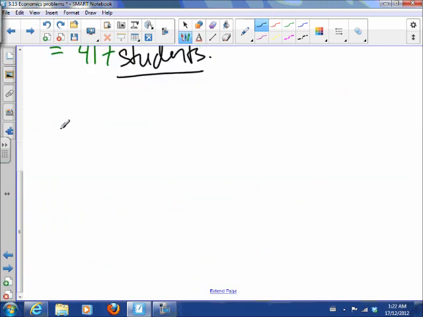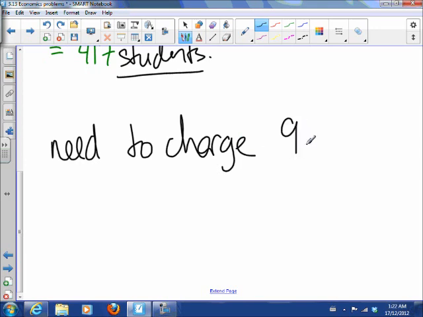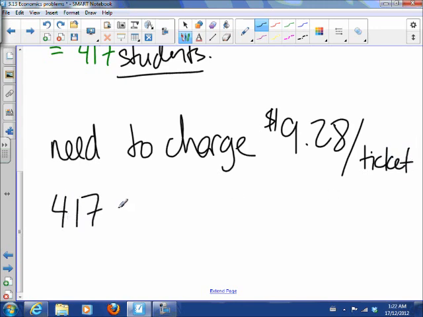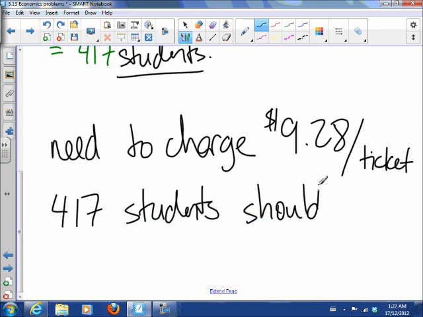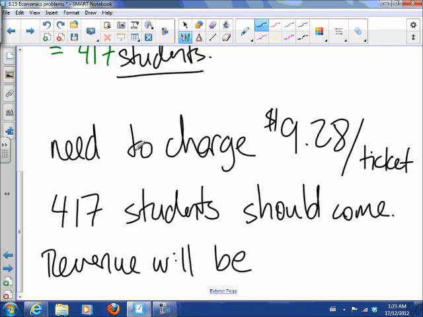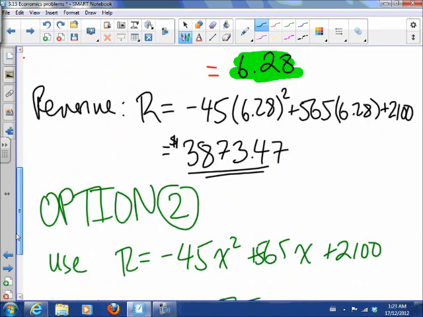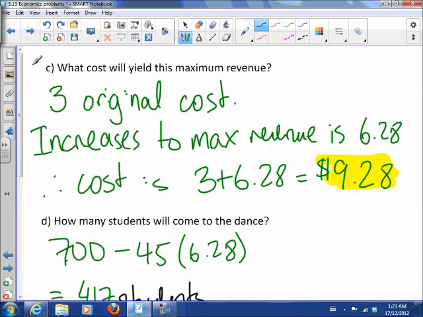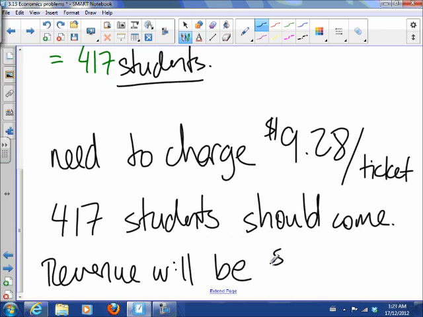So what we found out was that we need to charge $9.28 per ticket, we found out that 417 students should come, and we found out that our revenue will be $3,873.47.